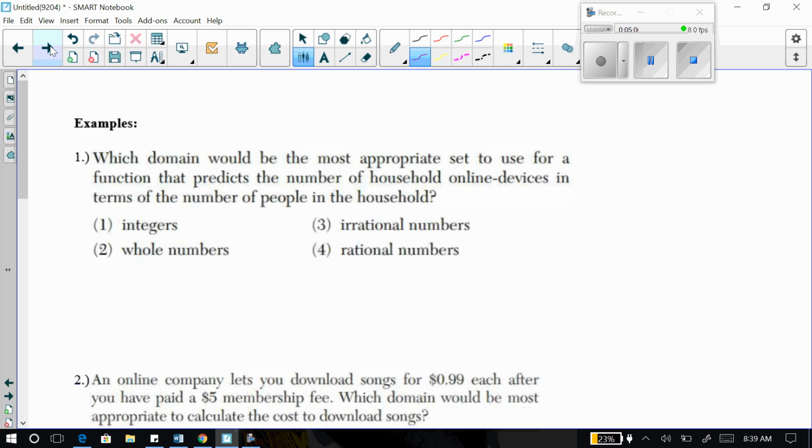Okay. So if we're talking about people in the household, think about your sets of numbers here. We have integers, which we know are positive and negatives. We have whole numbers, which start at 0 and go up like that. We have irrational numbers, which are just crazy decimals. And we have rational numbers, which can be fractions.